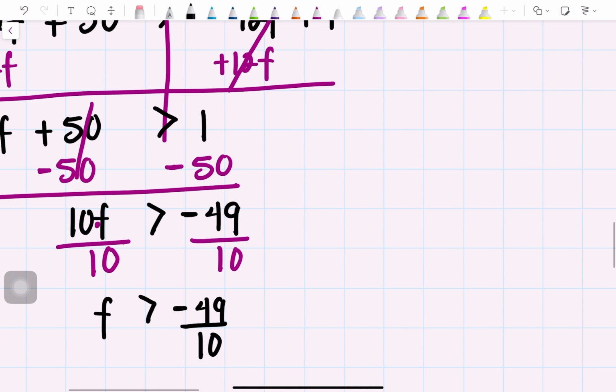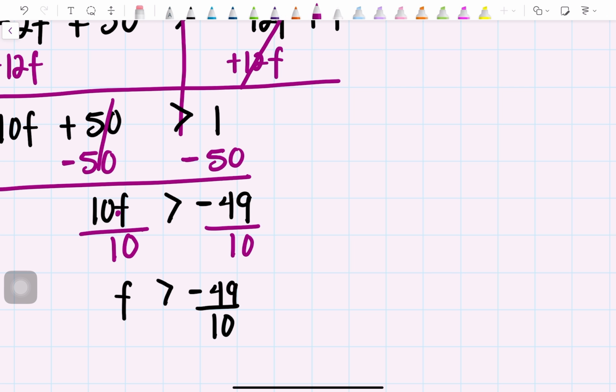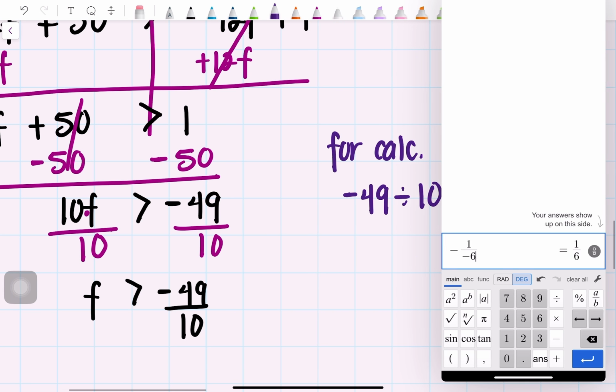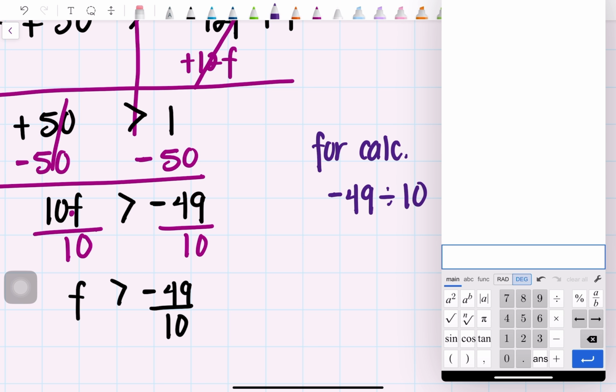Now, if you enter this in your calculator, for the calc, you're going to do the same thing, right? Negative 49 divided by 10. When you get this result, you're probably going to be getting the 4 point something. Negative 49 divided by 10, it's a negative 4.9, right?